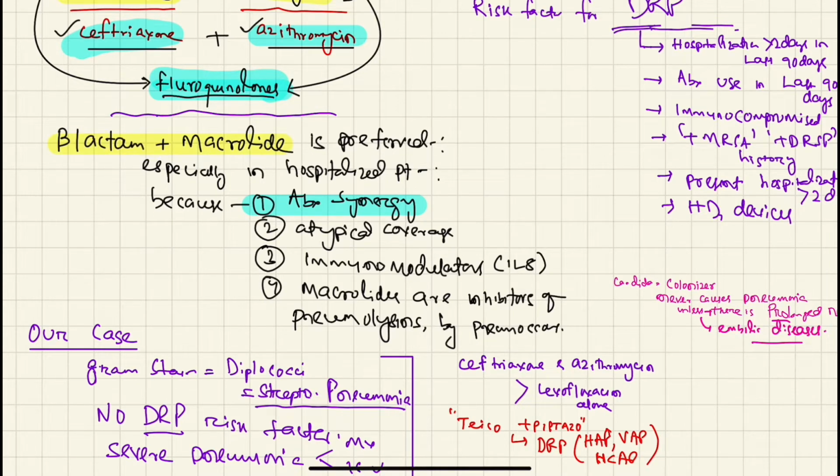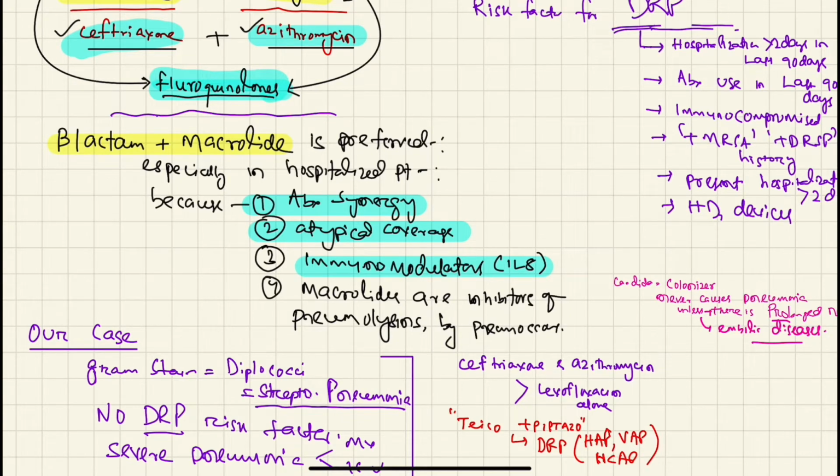Then we have atypical coverage. Most of the time we cannot diagnose the atypical organism microbiologically, so we have to give all patients empirical atypical coverage. Macrolide will cover that very nicely. Also, the macrolides are immunomodulators. That's the reason why now in COVID most of these antibiotics are used.